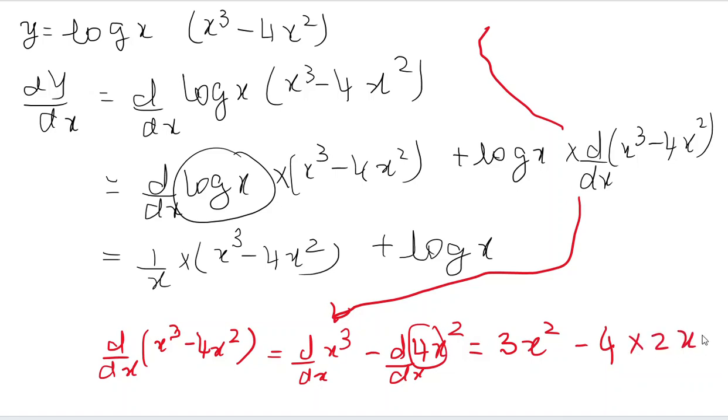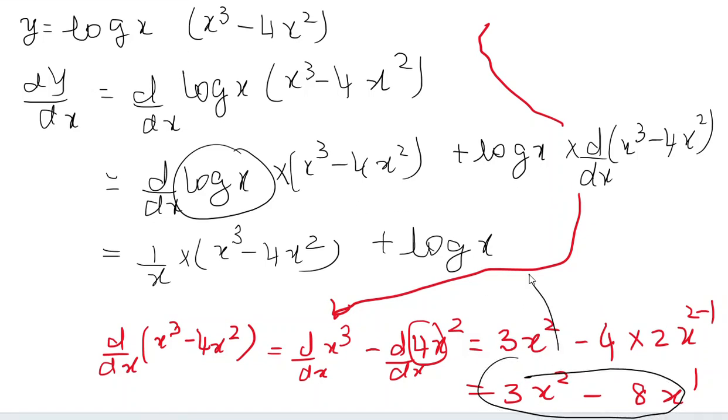This is nothing but 2x raised to 2 minus 1. So this is 3x square minus 8x. This answer, we replace it here, and we get 3x square minus 8x. So we now move to the next problem to be solved.